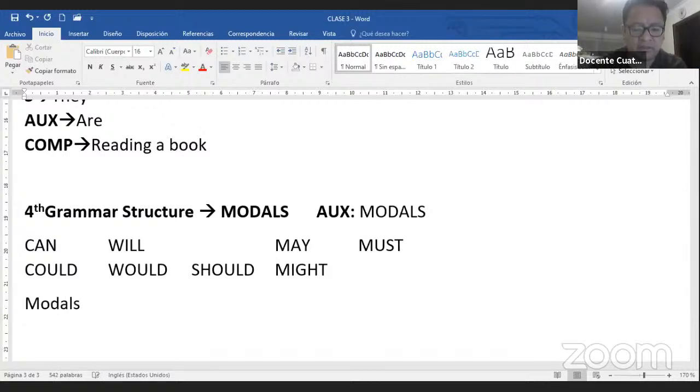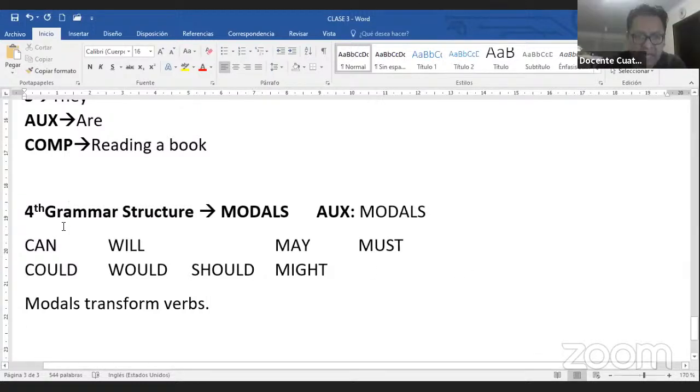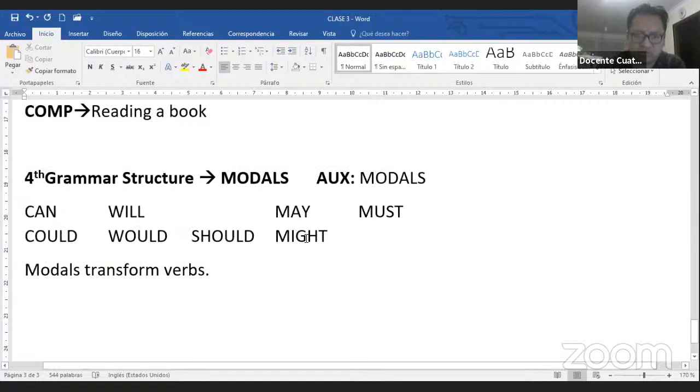Modals transform verbs, okay? That's the idea. When you have a modal and a verb, the verb has a different idea. So each modal, can, could, will, would, should, may, might, and must, they have a different transformation for the verbs.